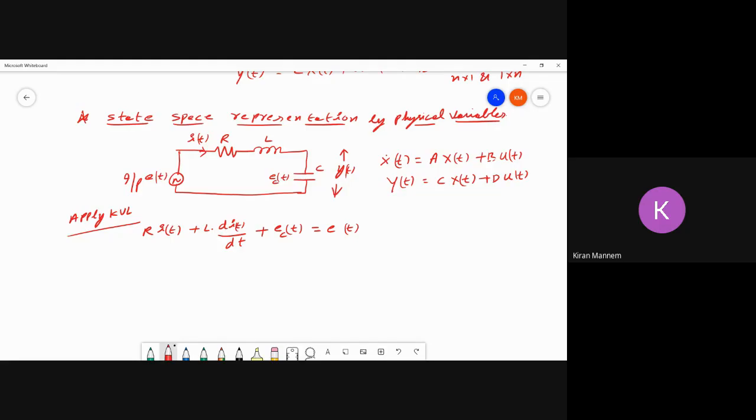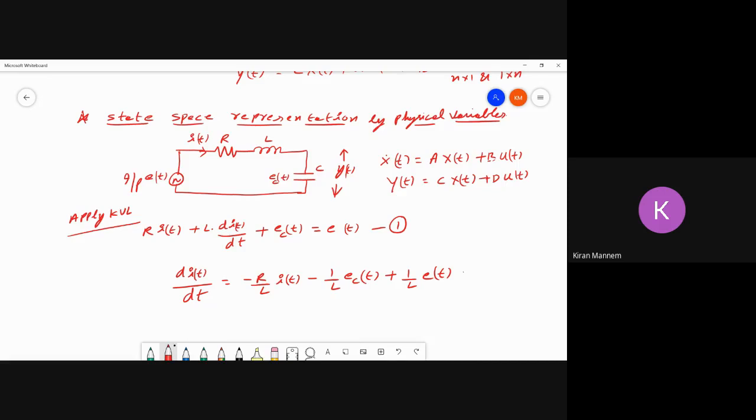So let us rewrite this equation number 1 as di by dt is equal to minus R by L into i of t minus 1 by L into Ec of t plus 1 by L into e of t.